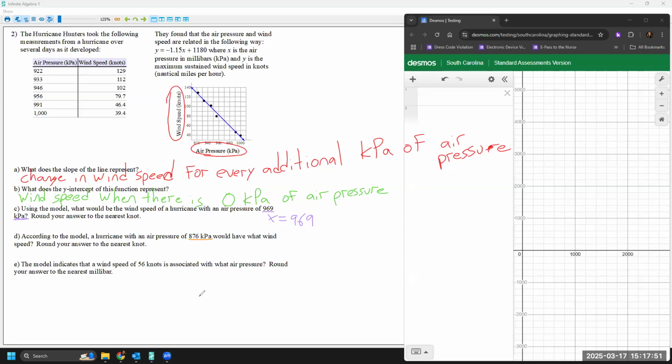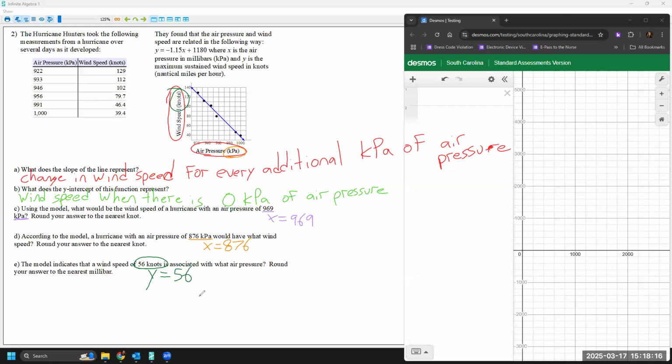Again, that's an x, because x is kPa. X equals 876. And then green. It says 56 knots. Well, knots is a y. So that's y equals 56. All right, so now I have everything I need to come over to Desmos.